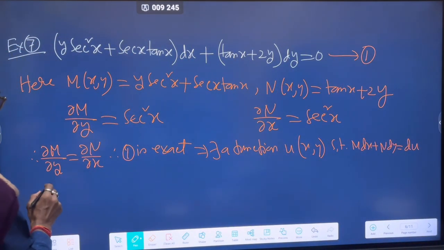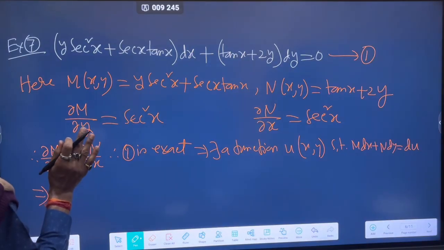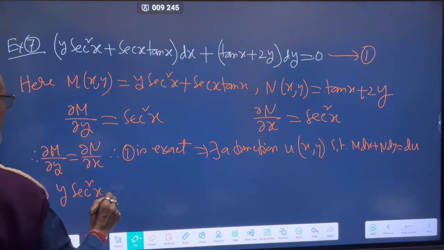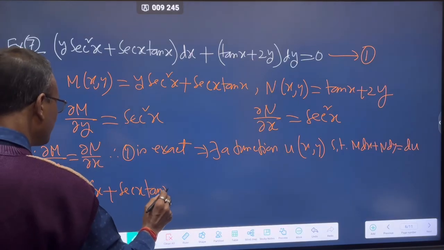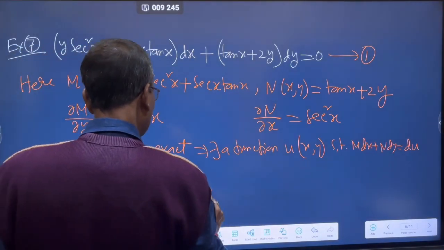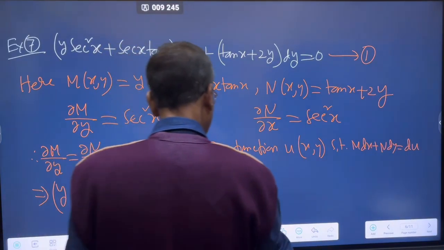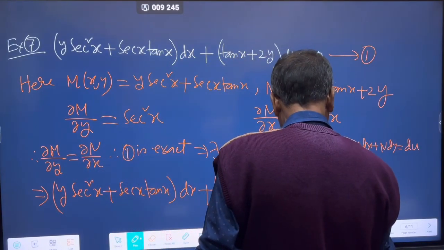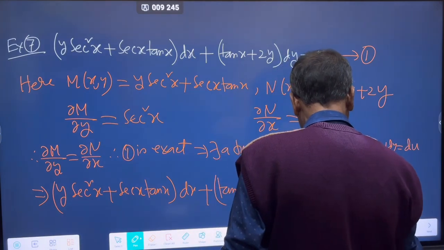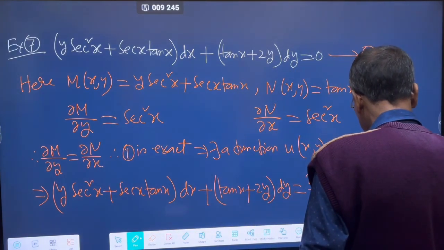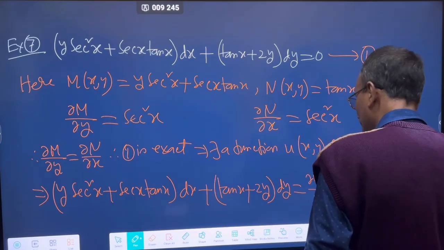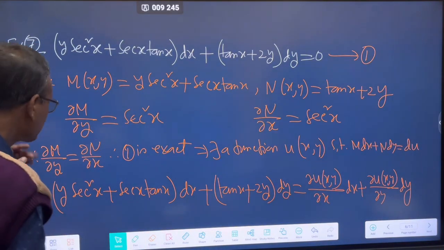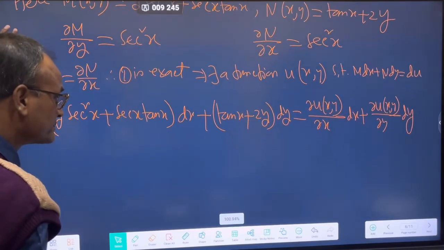This means y sec square x plus sec x tan x dx plus tan x plus twice y dy equal to du, which is del u by del x dx plus del u by del y dy.